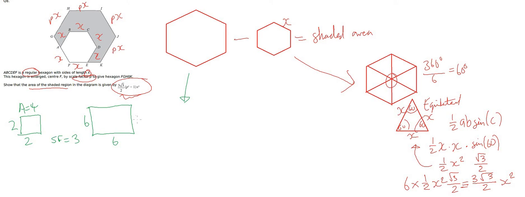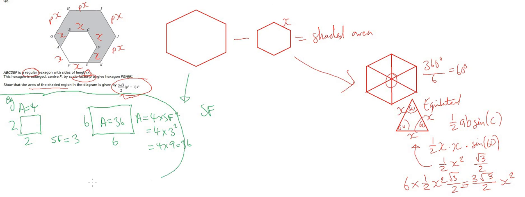The area will be equal to 4, the original, times the scale factor squared. 6 times 6, we know the area is 36. So let's check it. 4 times the scale factor 3 squared means 4 times 9, and that is 36. So for our hexagon, and this is just our example, let's close that off.